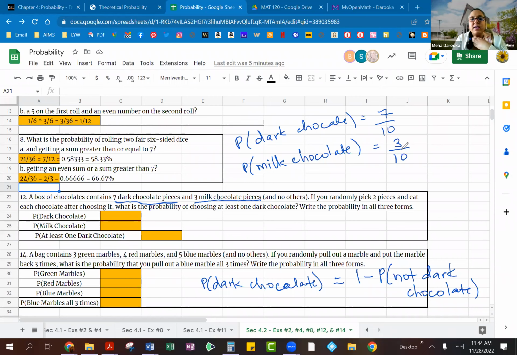So when we are talking about randomly picking 2 chocolates over here, I'm trying to think about this one. The probability that we are picking 2 chocolates.